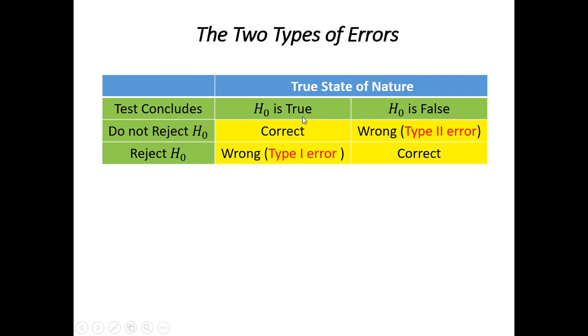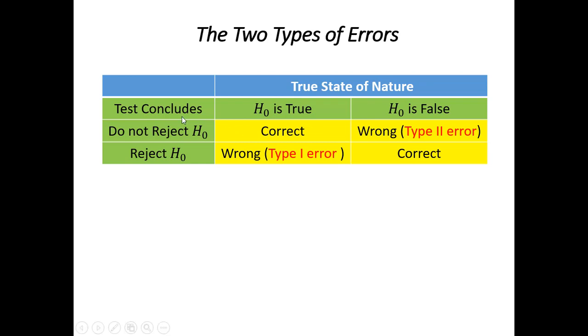So suppose in the true state the null hypothesis is true, and now we run a test. Well, the outcomes of the test would either be to not reject the null hypothesis or reject. If the null hypothesis is true and our test concludes do not reject, then we got it right.